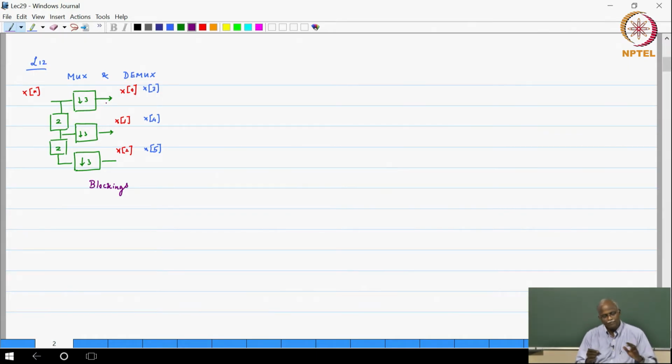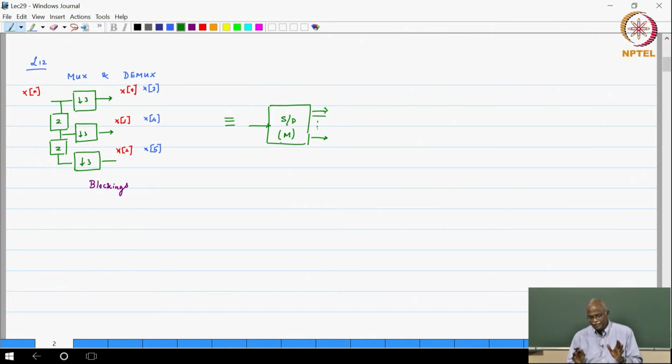If you downsample by a number less than 3, then you will get overlapping blocks, and this is what we designated as a serial to parallel converter of dimension m, 1 in, m out, and this is a notation.